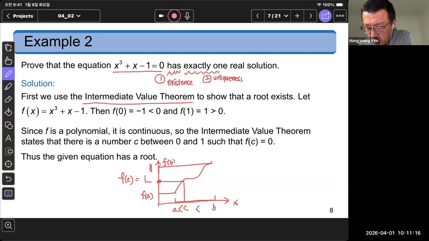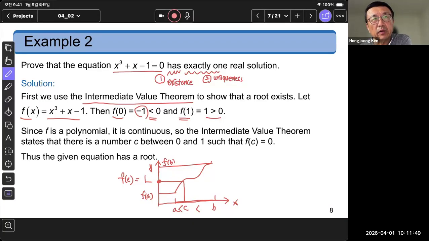So let us consider this problem. To answer this, let me define f of x by this cubic polynomial. If I plug in 0 for x, the value you get is -1, which is negative. And if I evaluate this function at 1, the value is 1, which is positive.